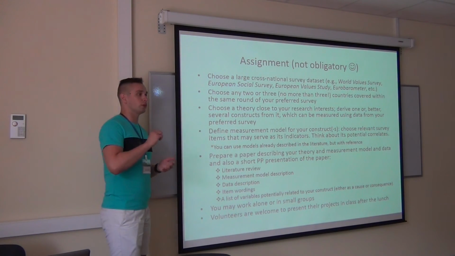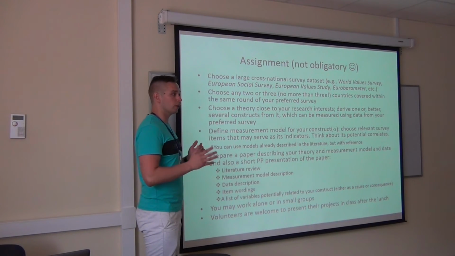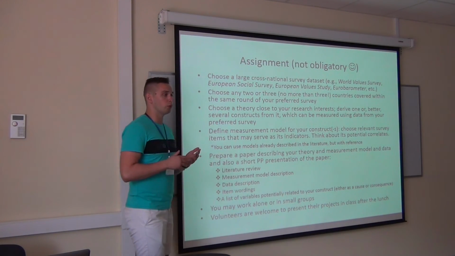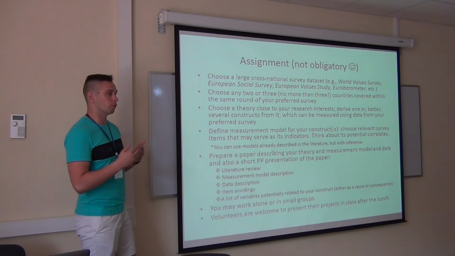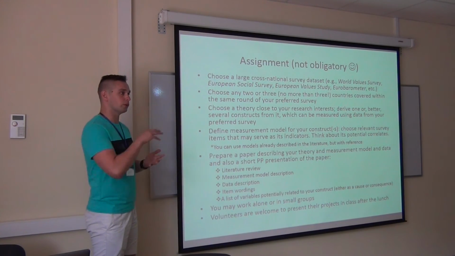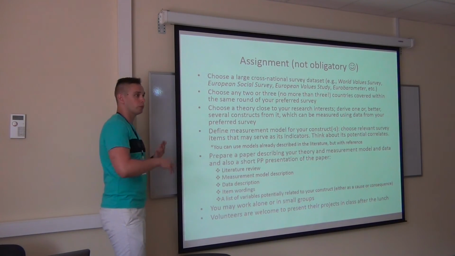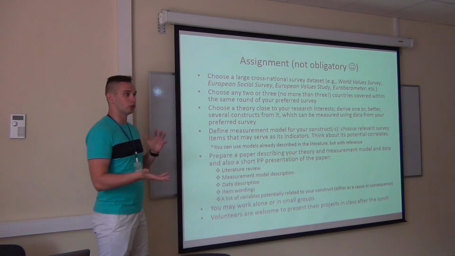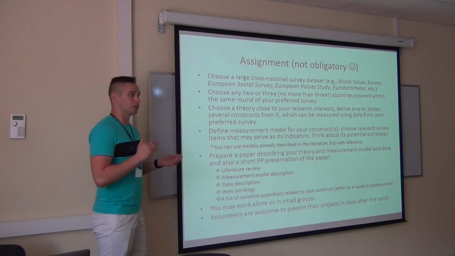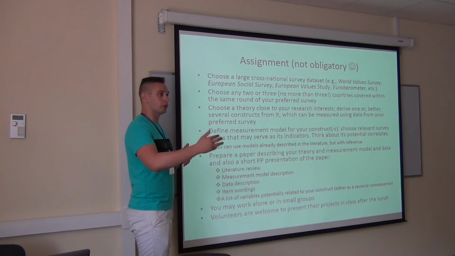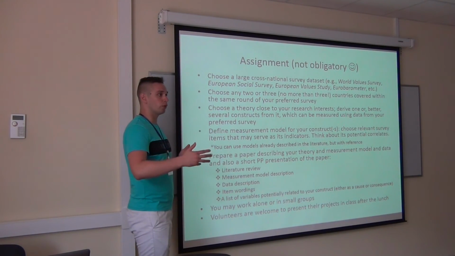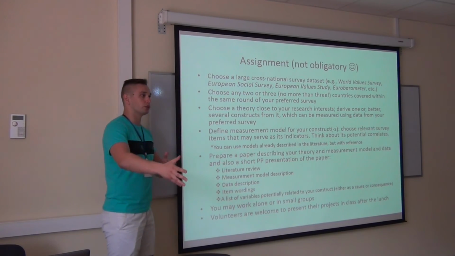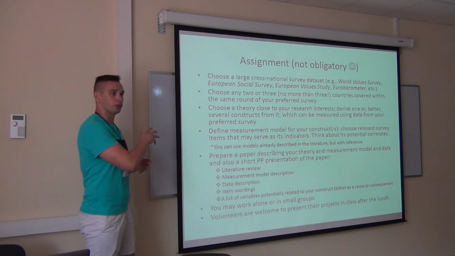it's not so important at this stage, but nevertheless it would be useful if you provide a list of variables that can be related to the latent variables in the model. For example, basic socio-demographic predictors like age, education, and so on, but think about possible directions of relationships between these socio-demographic variables and your latent constructs in the model.